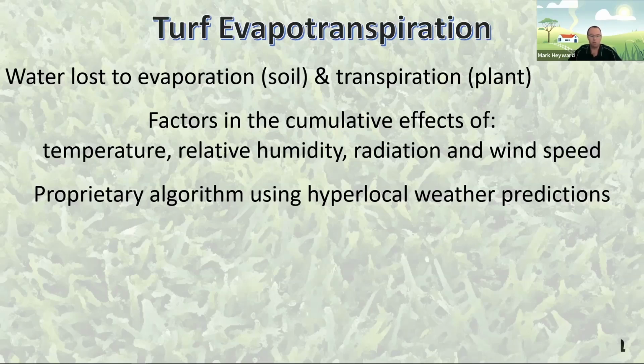The weather data that we use is hyperlocal, meaning it comes from a third-party model source. We use IBM, or the Weather Company, to deliver that data to us. So for your orchard operation, we give the Weather Company, which is owned by IBM, the GPS coordinates to your operation.